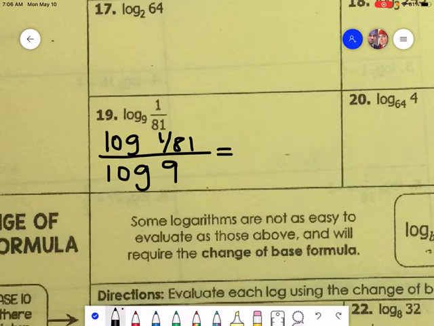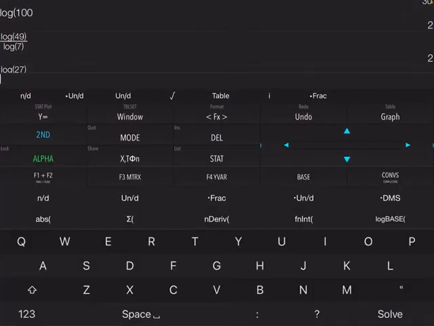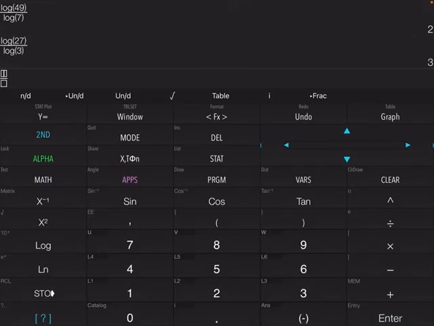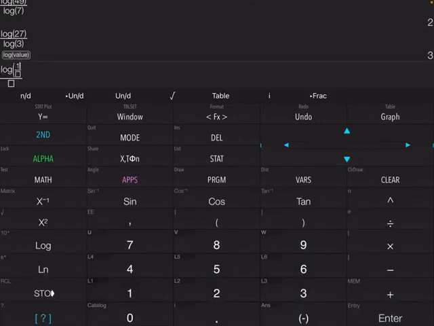Coming on over to our calculator, give myself the fraction. We're going to go log, and now I have to give myself another fraction, which is okay. We're allowed to do that. 1 over 81, and that's going to go over log of 9.